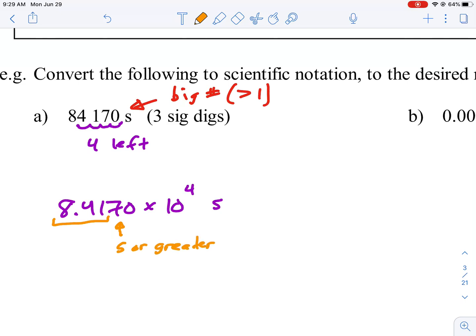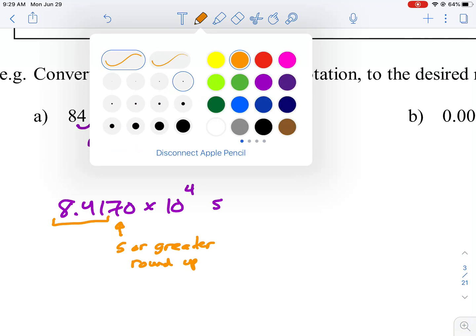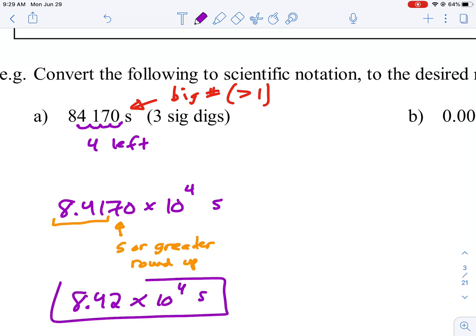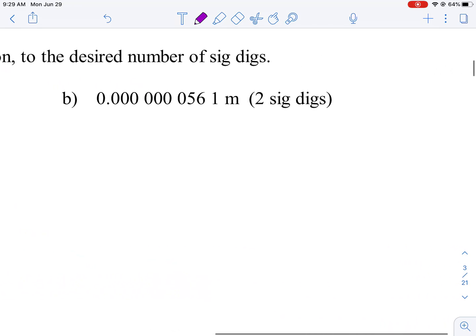If it's 5 or greater, you round up. So therefore, our final answer will actually be 8.42 times 10 to the 4th seconds. Good?